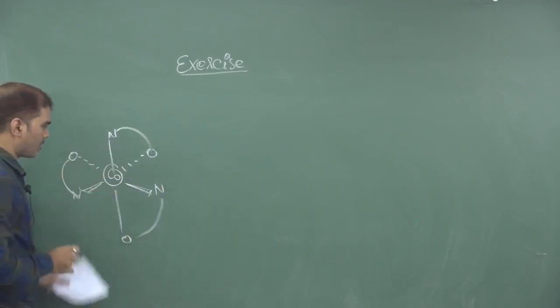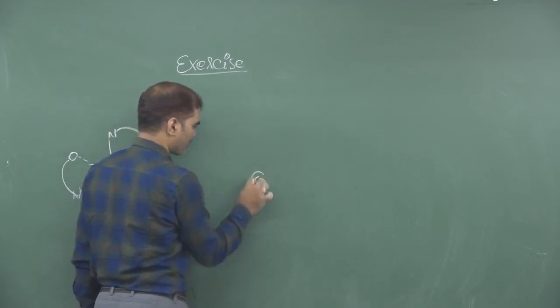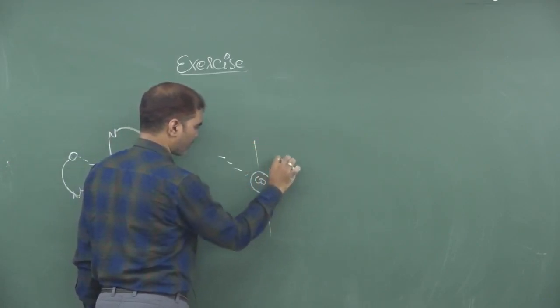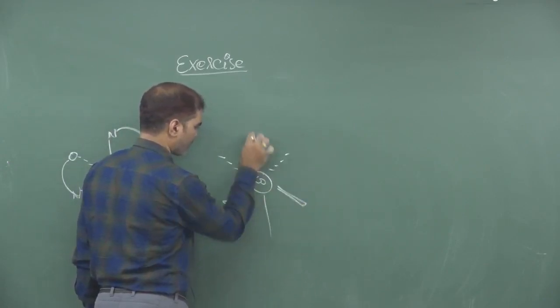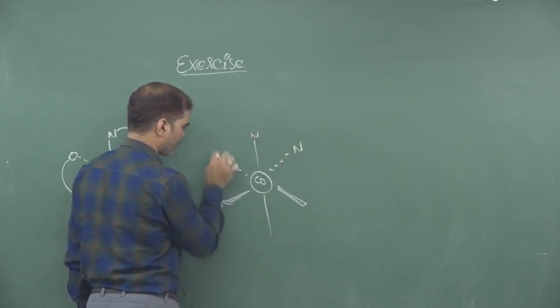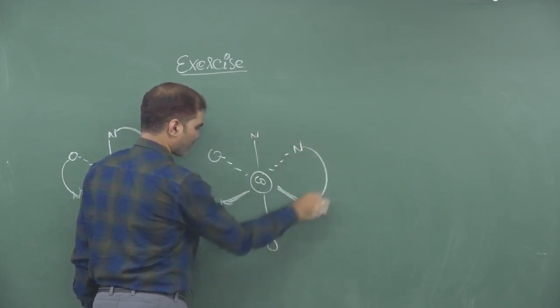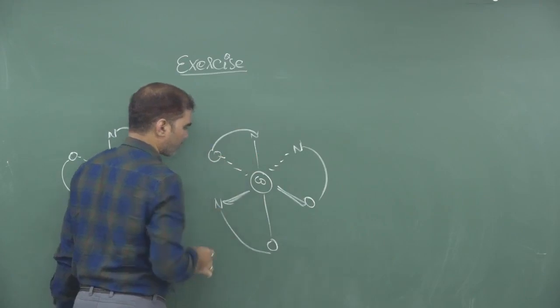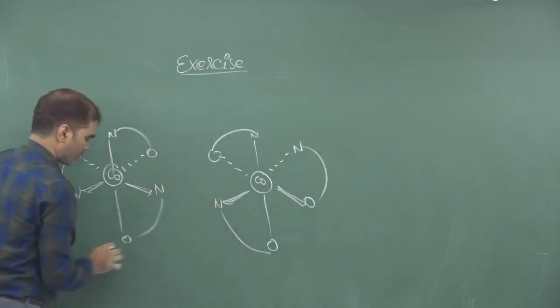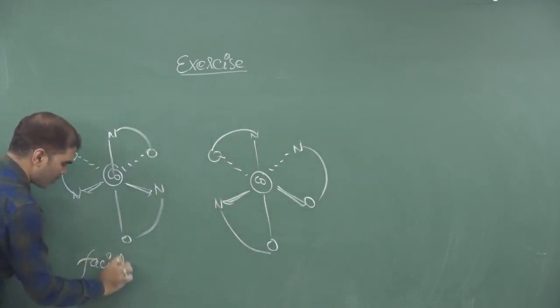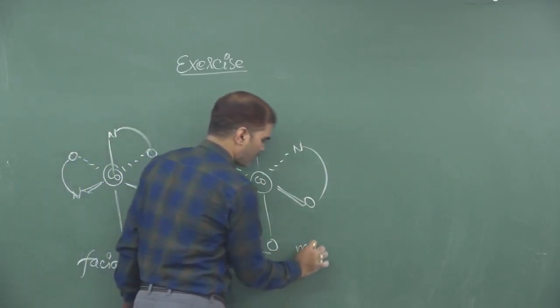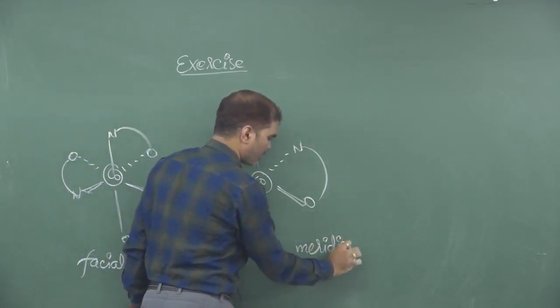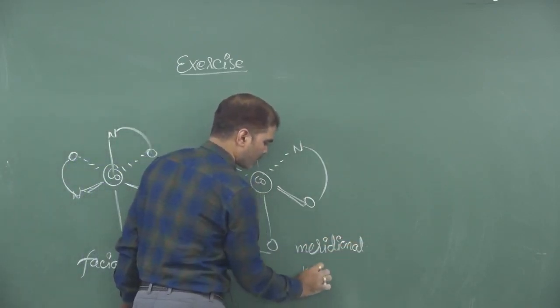This is called the facial form. This is the meridional form. Okay. This is facial or fac isomer. This is meridional. So what are fac and mer?